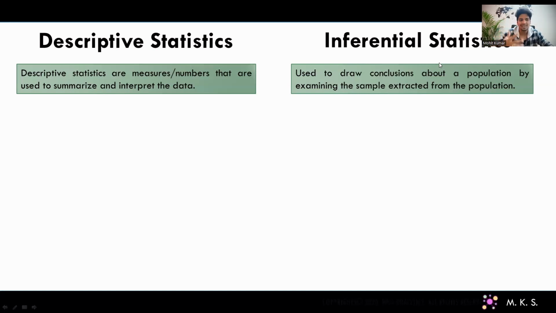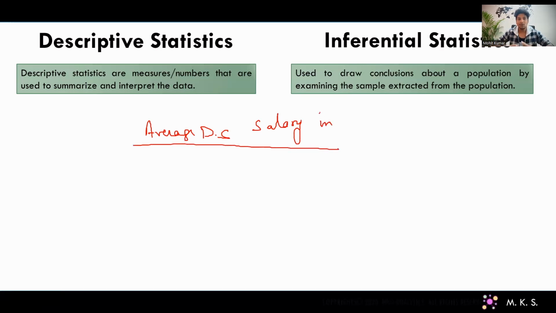Now let's try to understand these two using an example. Let's take a simple example, the one we are using so far in our series, that is the average data scientist salary. For this particular task, we want to calculate the average data scientist salary in India.